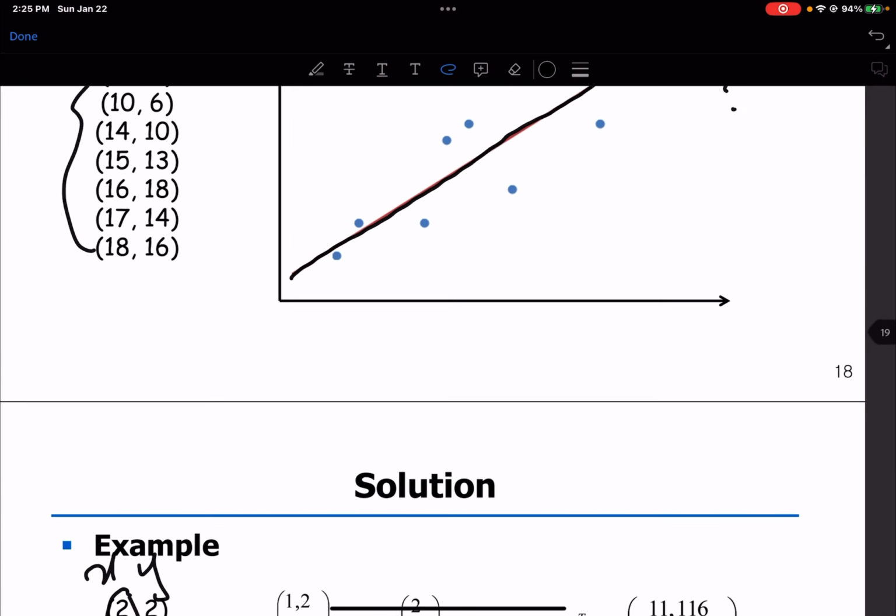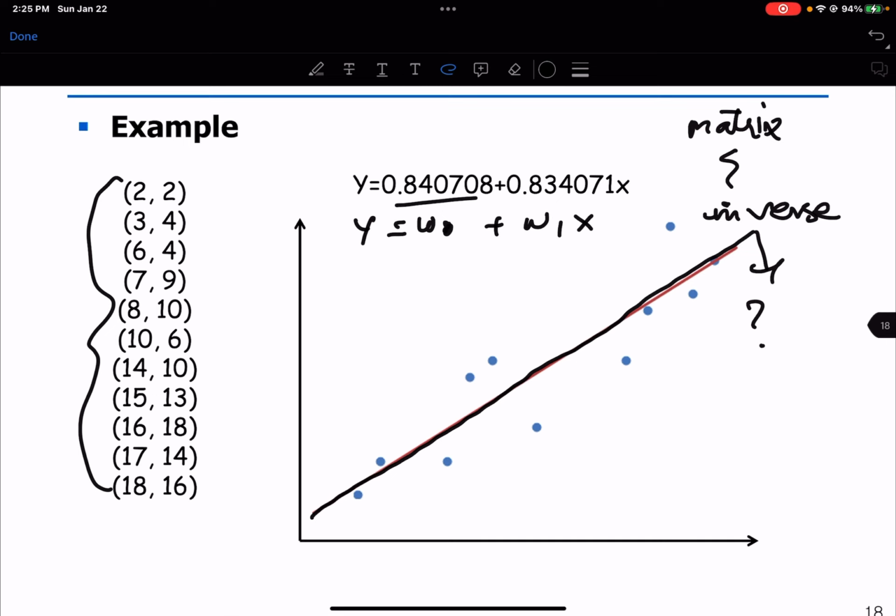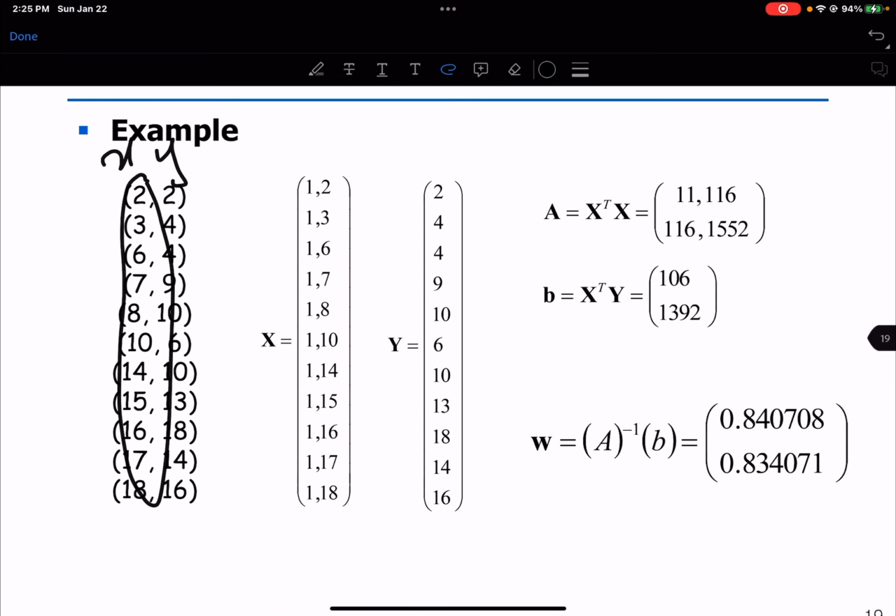Since we have only one variable, this will be your W0, this will be W1 X. So your line is this. And then using basic calculations, you come up with your intercept value and the slope, and this becomes your regression line.